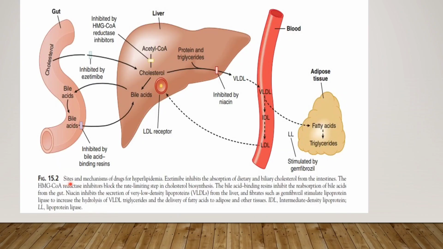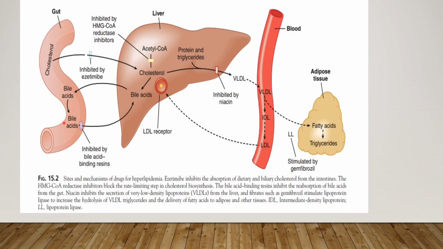Now let's talk about sites and mechanism of drugs for hyperlipidemia. Ezetimibe inhibits the absorption of dietary and biliary cholesterol from the intestine. The HMG-CoA reductase inhibitors block the rate limiting step in cholesterol synthesis.